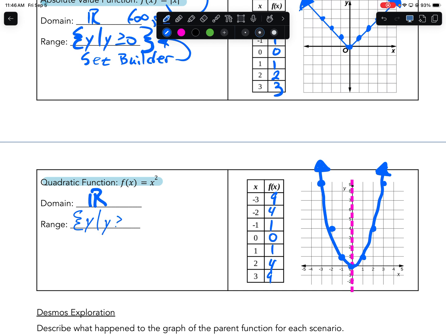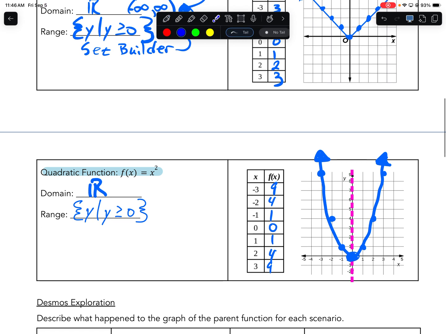Is it equal to? How do you know it's equal to? Because there's a closed dot right there, right? That's what makes it equal to, because it includes 0 as well. Right, and the arrows are going up, that's why it's greater than. So if we're upside down, the only change would be the inequality switches from greater to less than.